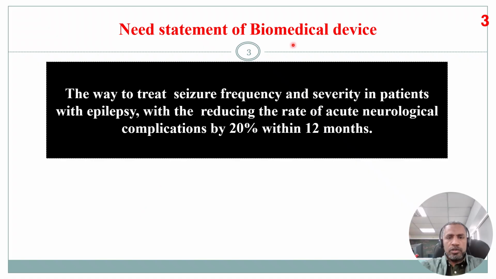New statement of the biomedical device of EEG: the way to treat seizure frequency and severity in patients with epilepsy, with reducing rate of acute neurological complication by 20 within 12 months.